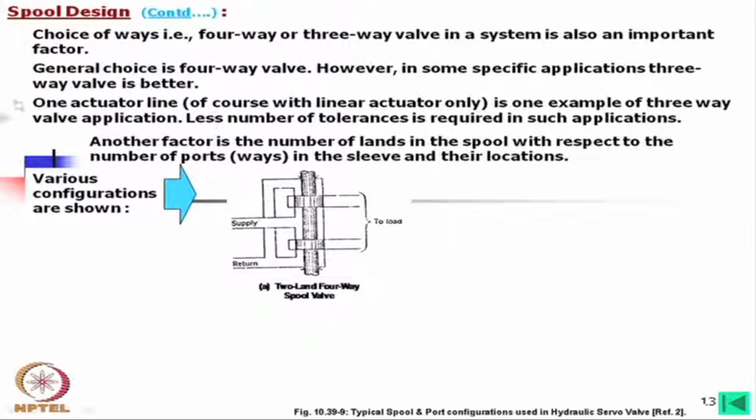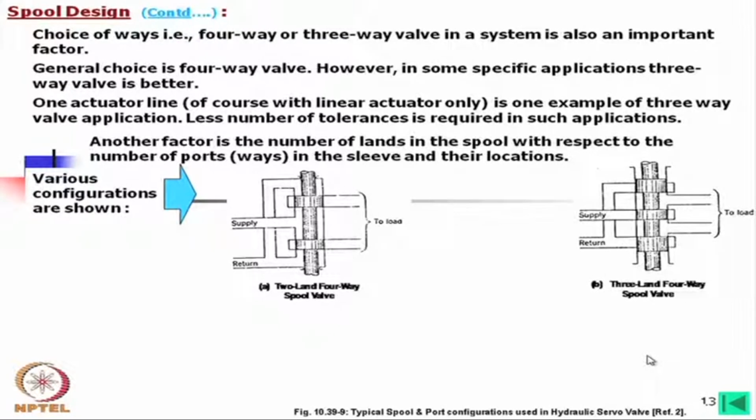So, that means flow is being bypassed through the relief valve, maybe. Now, if we move in this direction, then oil will be supplied through this, and this will go to one end of the actuator, and from the other end this oil will return back to tank. If I move in the opposite direction, it will be vice versa. Okay. So, this is one configuration.